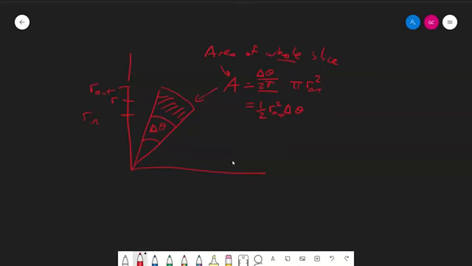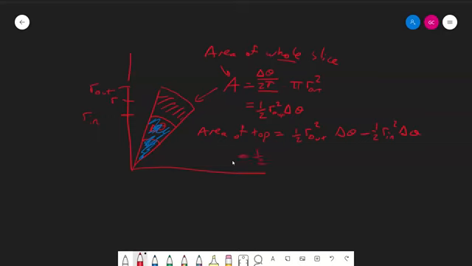Well, if I want the area of just this top part, what I want is the area that uses the outer radius minus the area of this little sub-slice that I'll color in blue here. So if I do the big slice minus the blue slice, then I'll get just this red topping. So that's going to be 1/2 of r outer squared delta theta minus 1/2 of r inner squared delta theta, just the area of the outer minus the area of the inner.